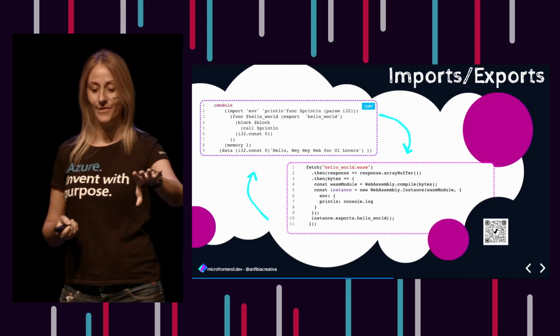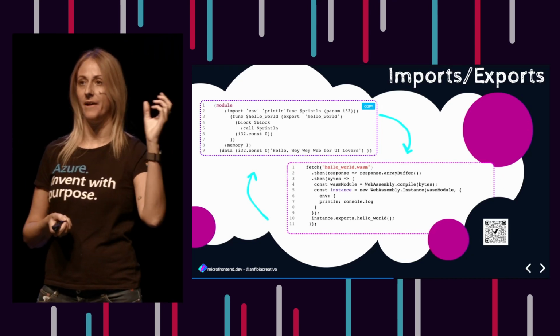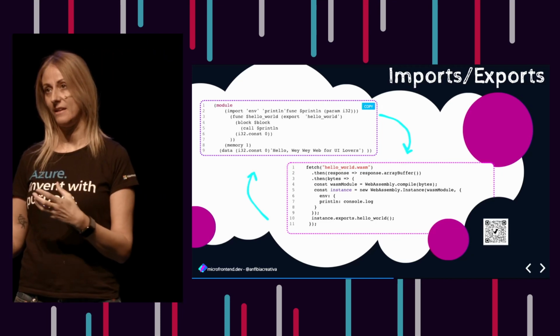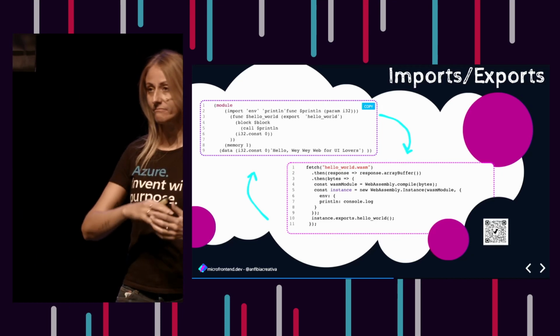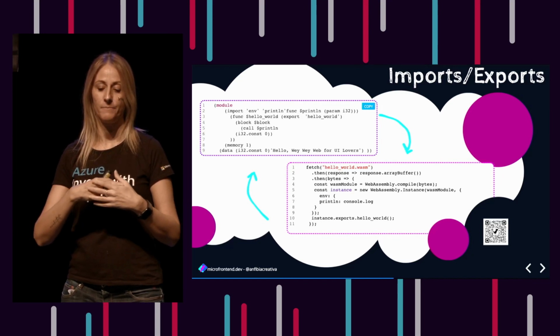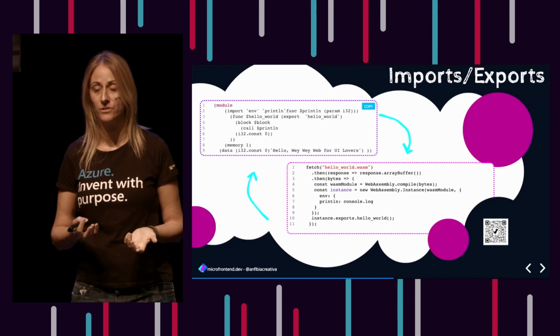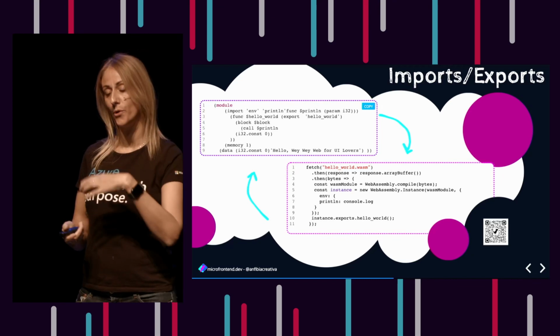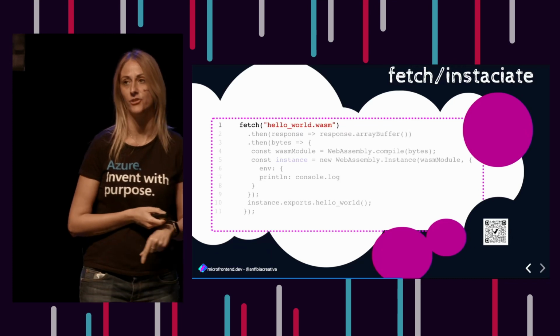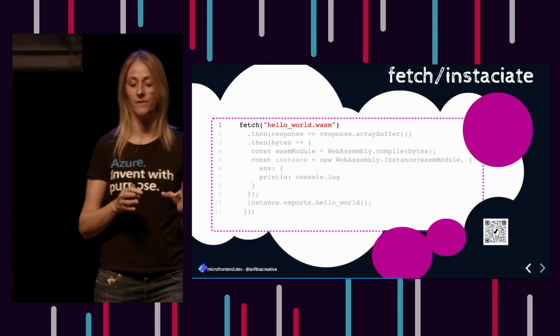But what it does over here is, if you see, it imports an environment and a function that is print line, and then it also exports a hello world function that is going to be then imported to the JavaScript that is running side to side with this.